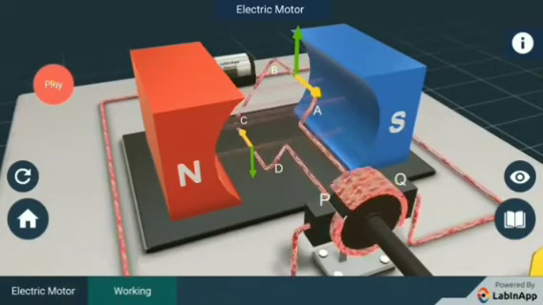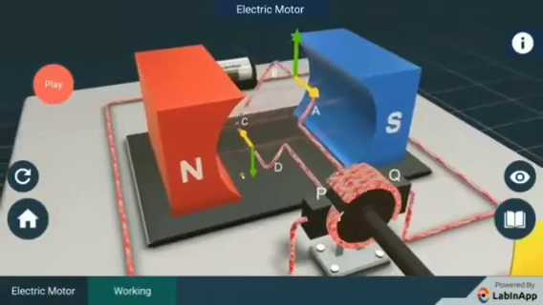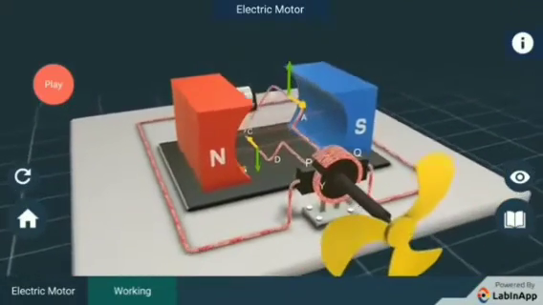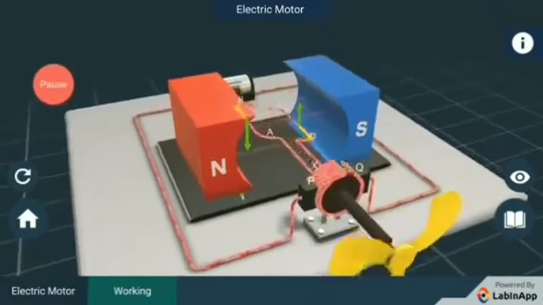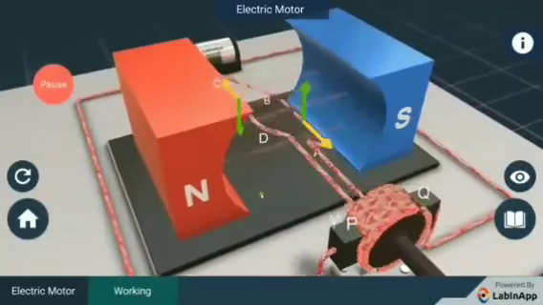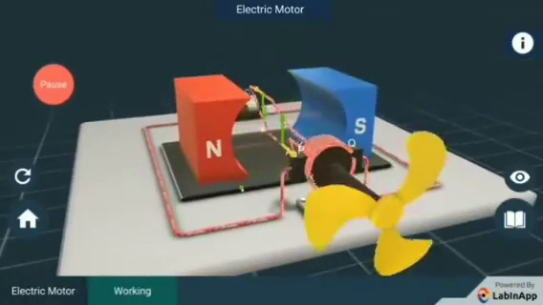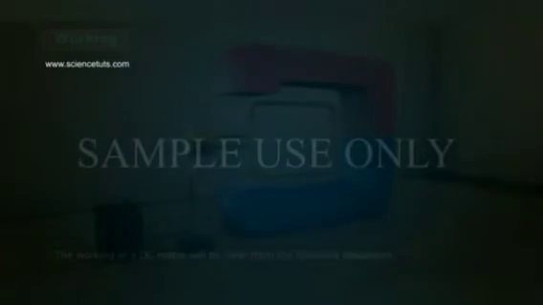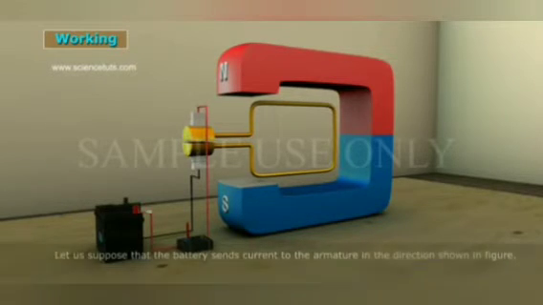Thus the arm AB of the coil that was earlier pushed down is now pushed up, and the arm CD previously pushed up is now pushed down. Therefore, the coil and the axle rotate half a turn more in the same direction. The reversing of the current is repeated at each half rotation, giving rise to a continuous rotation. The working of the DC motor will be clear from the following discussion.